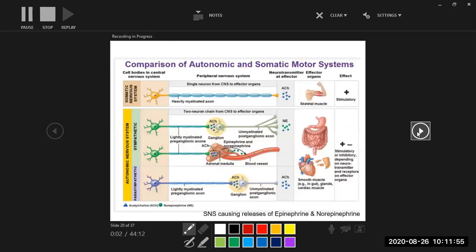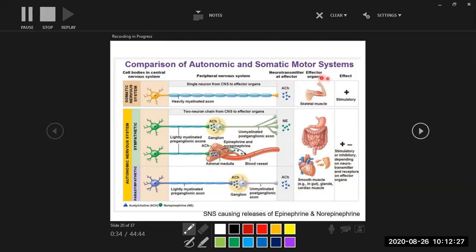So here is a simple summary of these two branches of the motor branch in the peripheral nervous system. The motor could be the somatic nervous system, where the lower motor neuron acts on the skeletal muscle and releases acetylcholine.